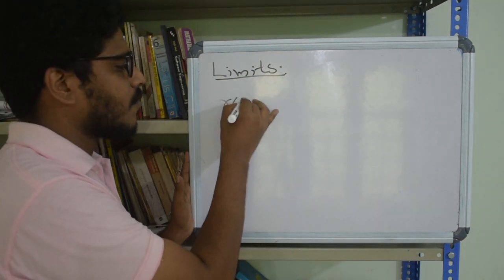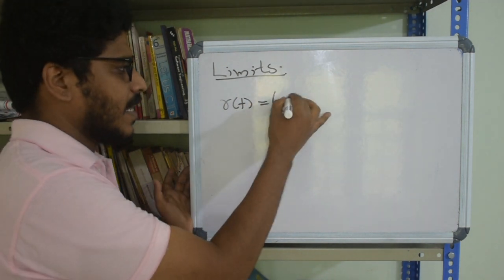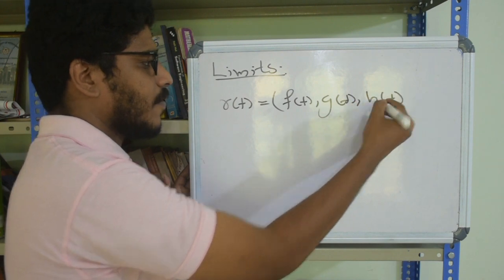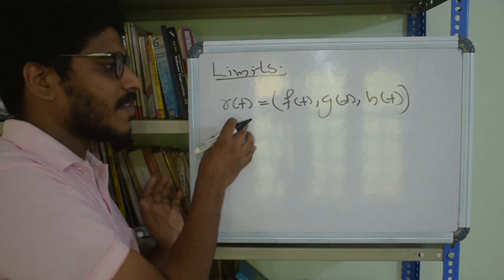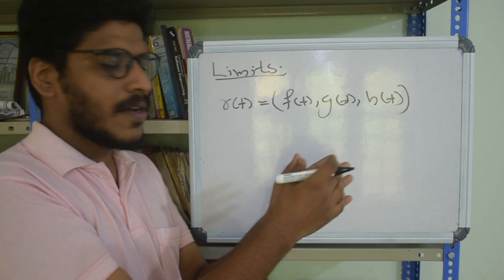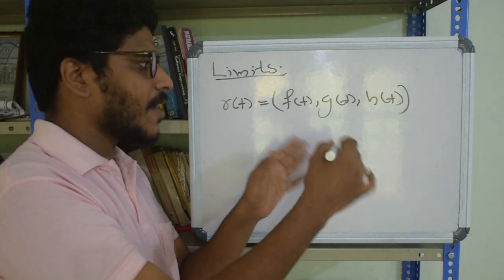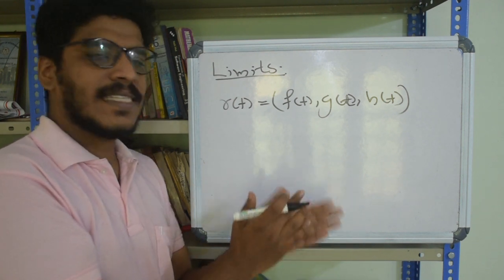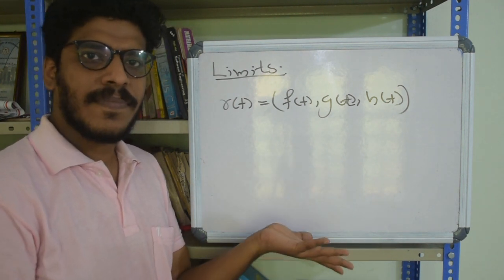Suppose we have a vector valued function r of t given as f of t, g of t, h of t, which means r of t is a vector function with components f of t, g of t and h of t, or r of t equal to f of t i plus g of t j plus h of t k, where f, g, h are any functions of t.